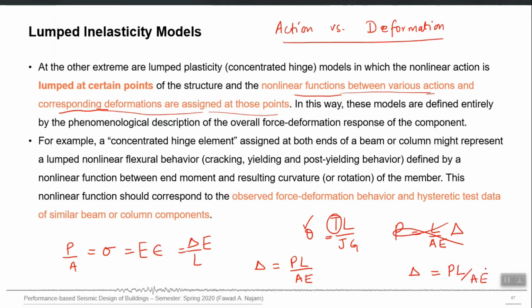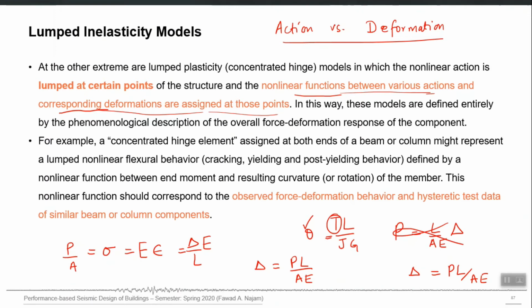So each action can be related to its deformation through a constant quantity called stiffness, right? So F is equal to KU. Hooke's law is not only for one spring, it is applicable for all actions also.